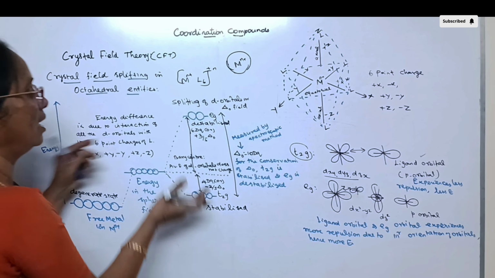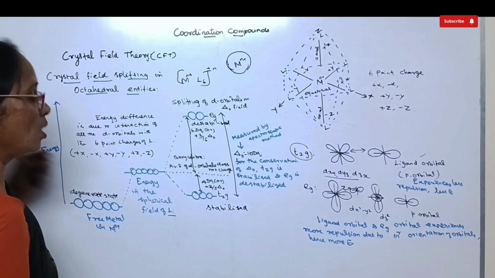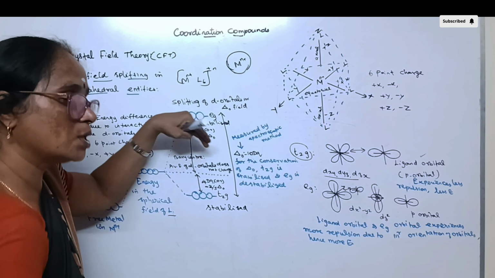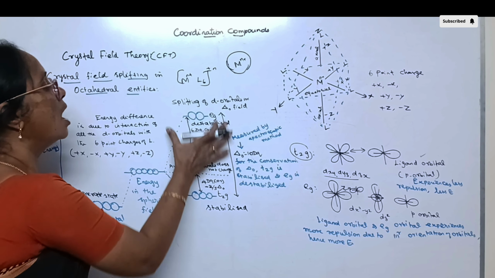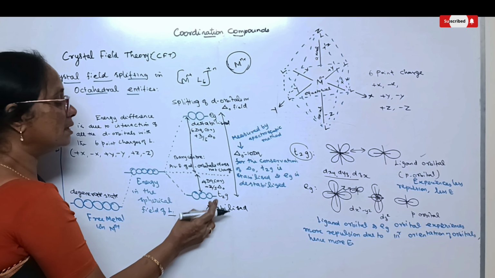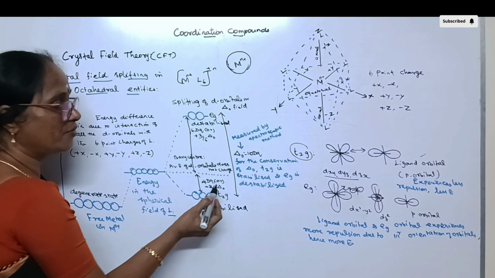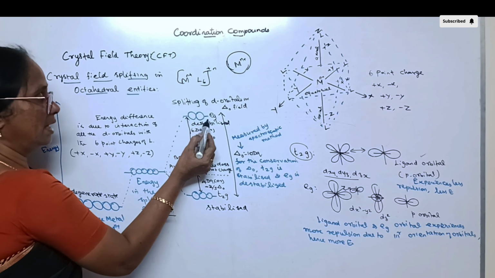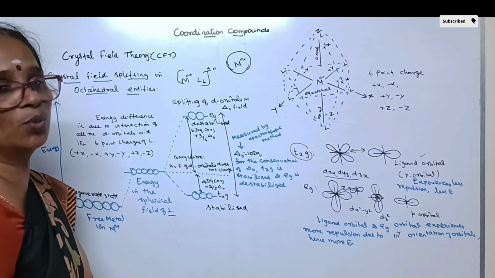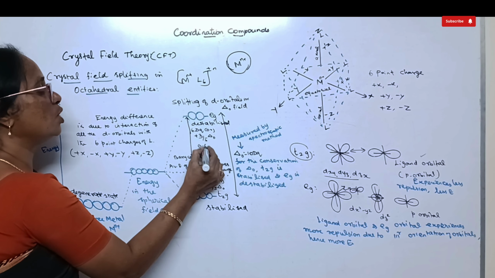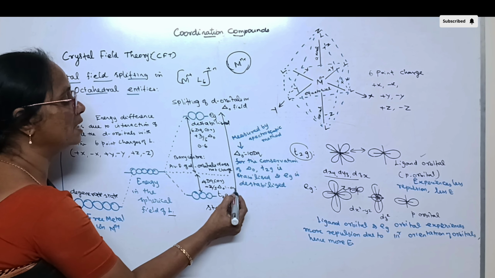So we can say the Eg orbital is raised by the energy of 6 Dq, and the T2g orbital is lowered by the energy of 4 Dq. Or else we can say out of the 5 d orbitals, the 3 orbitals of the T2g set are lowered by minus 2/5 of delta O, and the Eg orbitals are increased by plus 3/5 of delta O. Plus 3/5 is equal to 0.6 unit, and minus 2/5 is equal to minus 0.4.